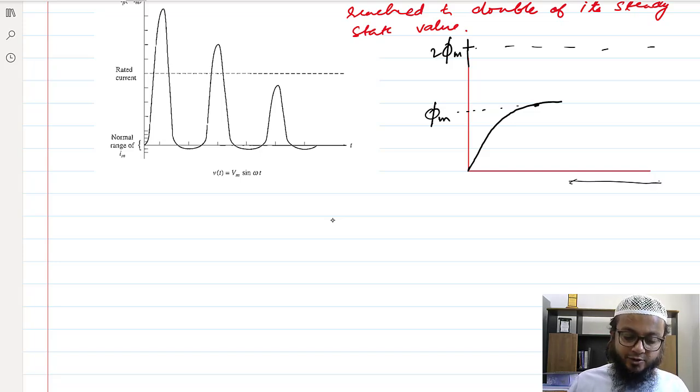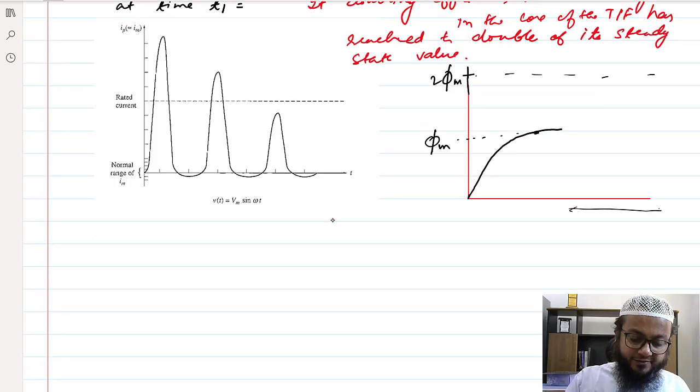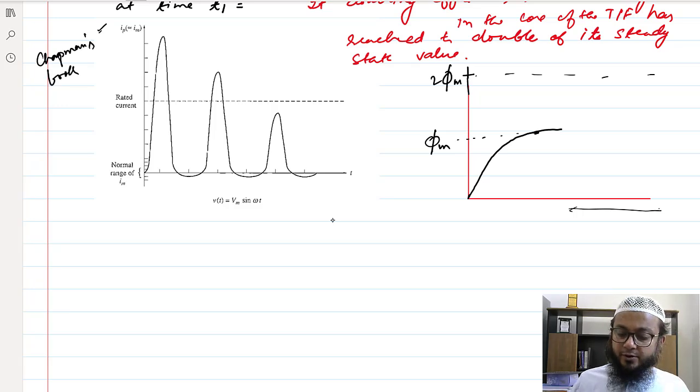Obviously for 2 phi m it will try to draw an even larger amount of magnetizing current. You can see this waveform I have taken from Chapman's book. Initially the magnetizing current will go in the range of, I would say, 100 times the rated magnetizing current.